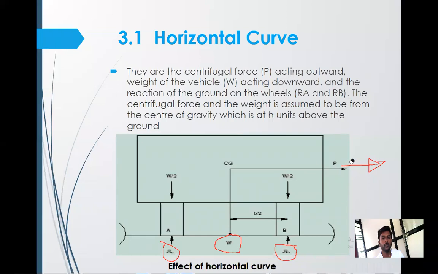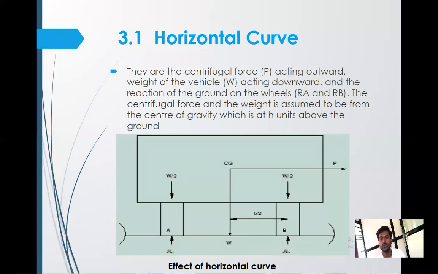P is the centrifugal force which always acts outward side. W is the self weight of the vehicle which always acts downward because of gravity. RA and RB are the reactions at tire A and tire B respectively.